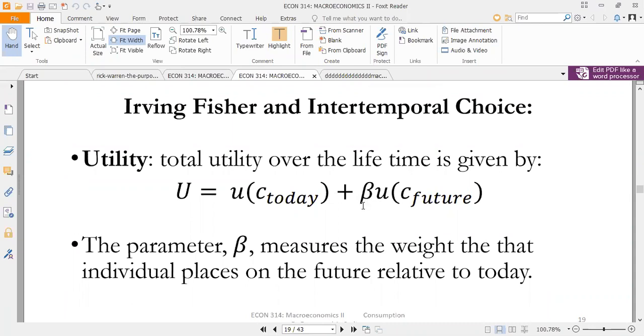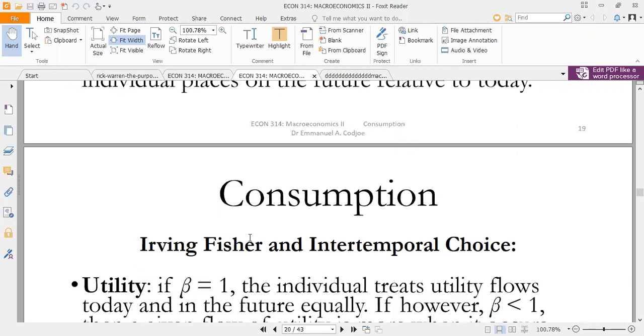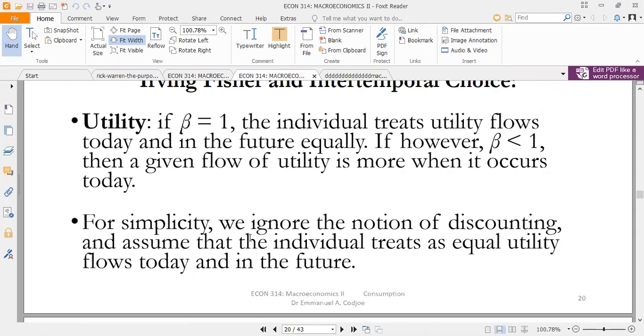But if beta is greater than 1, it means that you prefer future consumption to today's consumption. And if beta is less than 1, it means that you prefer today's consumption to the future consumption. Please, I hope we understand this concept. Please, do you understand? Yes, please. All right. So this is how you get your total utility.